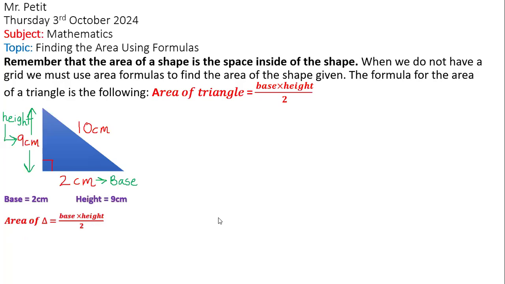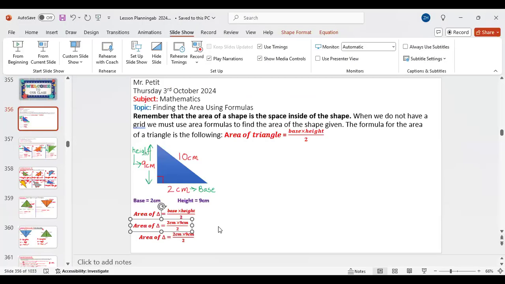So it's going to be 2 centimeters times 9 centimeters. I can't see any writing. How about now?